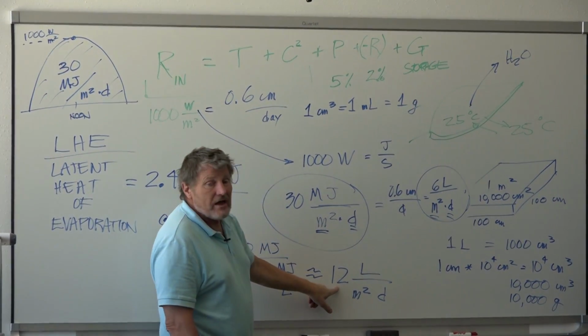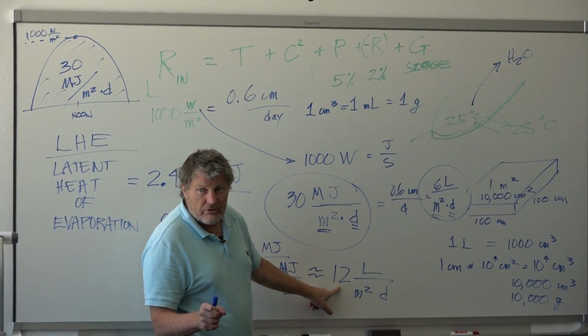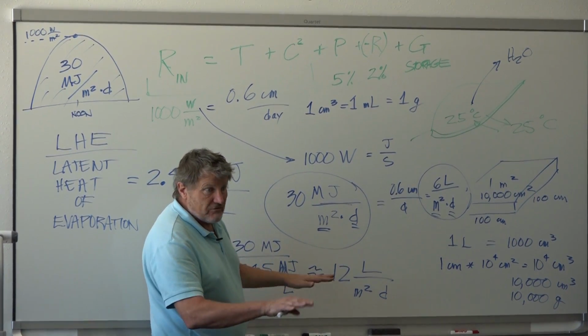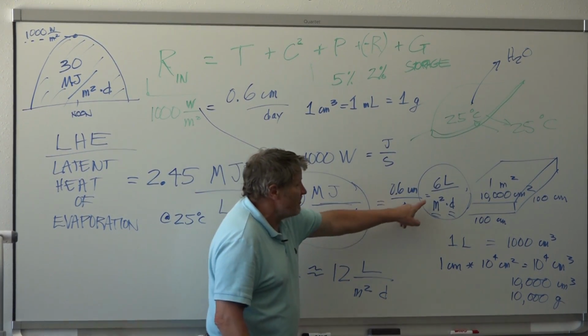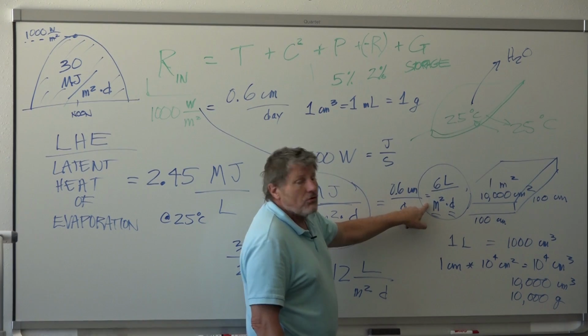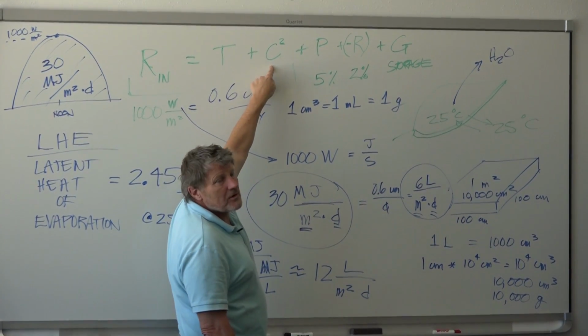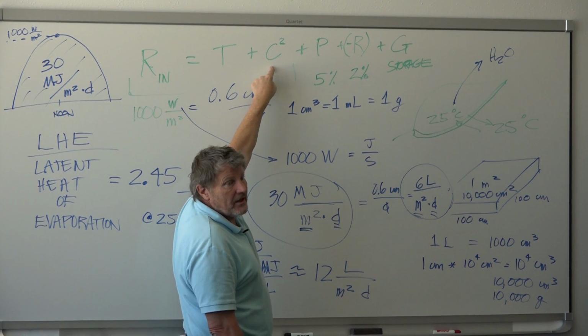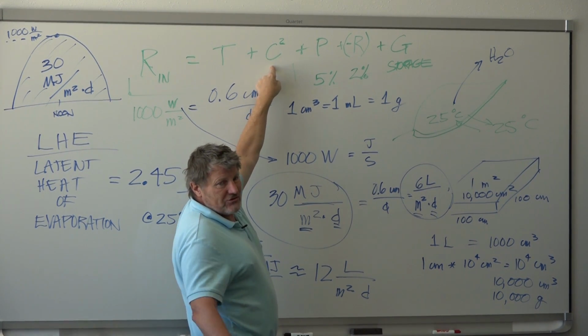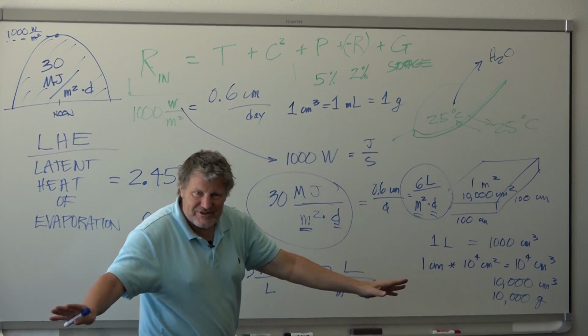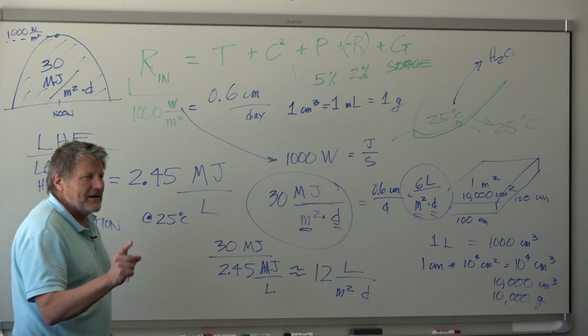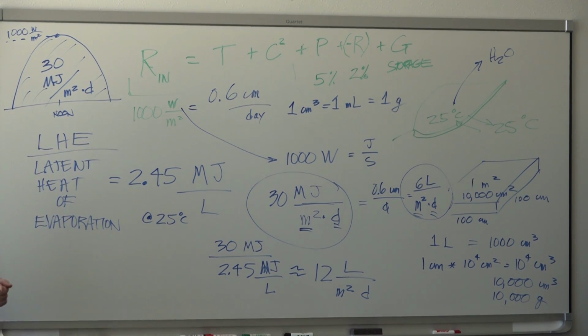It needed to evaporate 12 liters of water to keep itself at air temperature, and these plants only evaporated 6. It doesn't balance. This cannot be 0. It heats up. And you would be correct in the analysis of this, but it's more complicated than that.